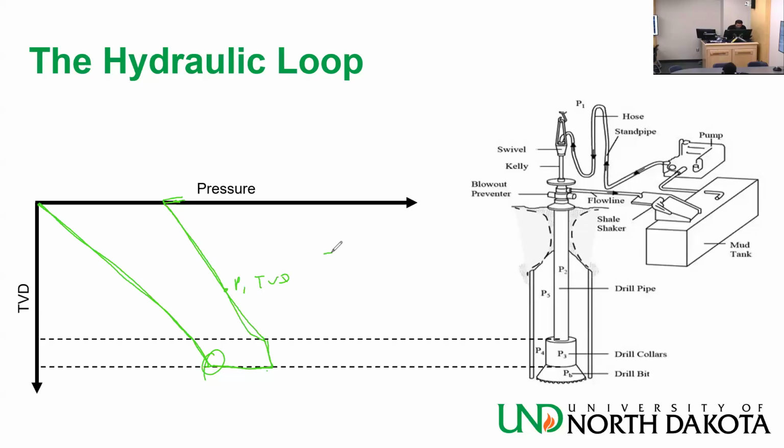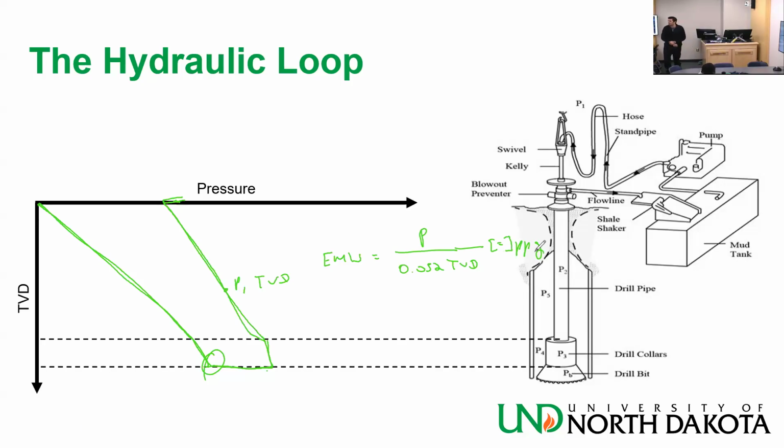We are going to call it EMW is P divided by 0.052 times TVD, right? And that's in ppg units, pounds per gallon, right? Good.